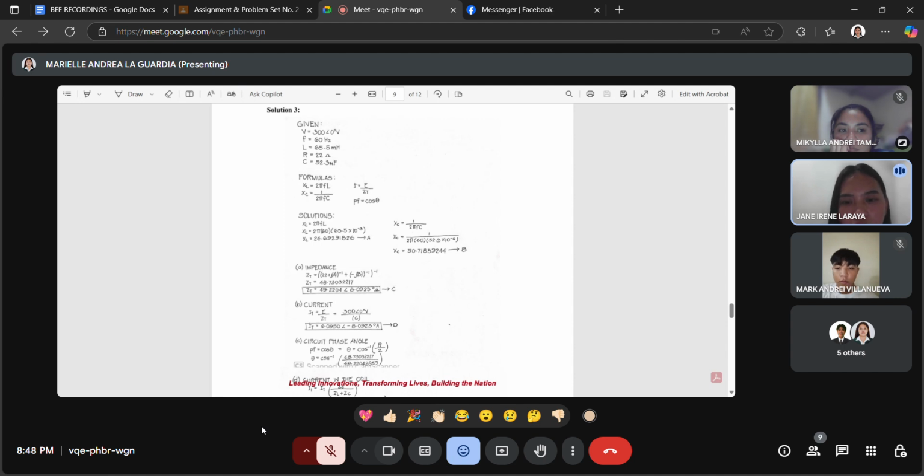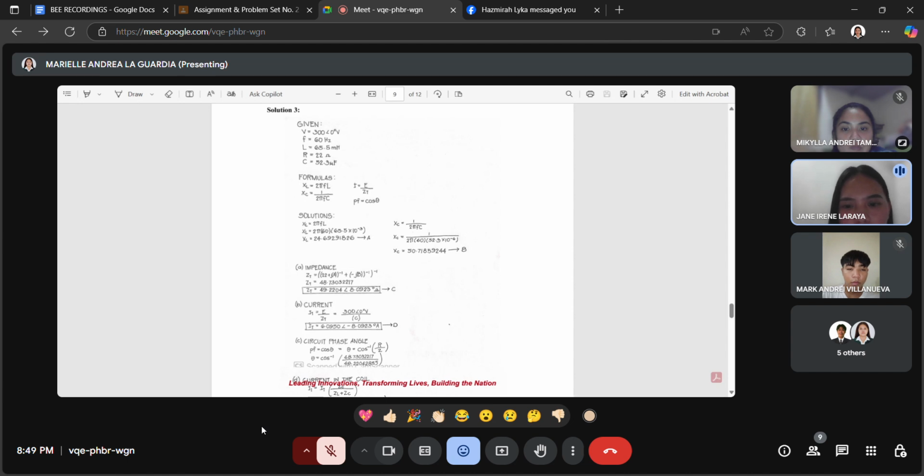To solve for the total impedance of the parallel network, we first need to calculate the reactance of the inductance, X sub L, and of the capacitance, X sub C, based on the given values. The inductive reactance is calculated using the formula X sub L equals 2 pi F times L.